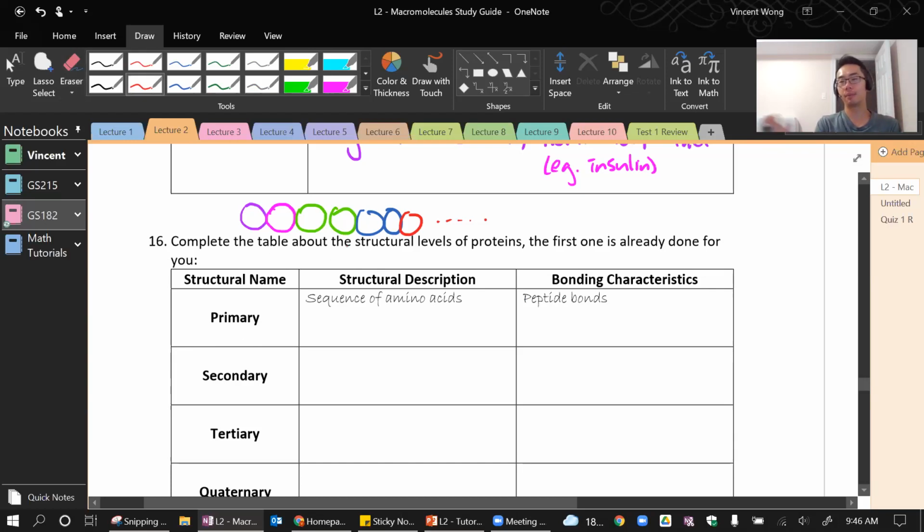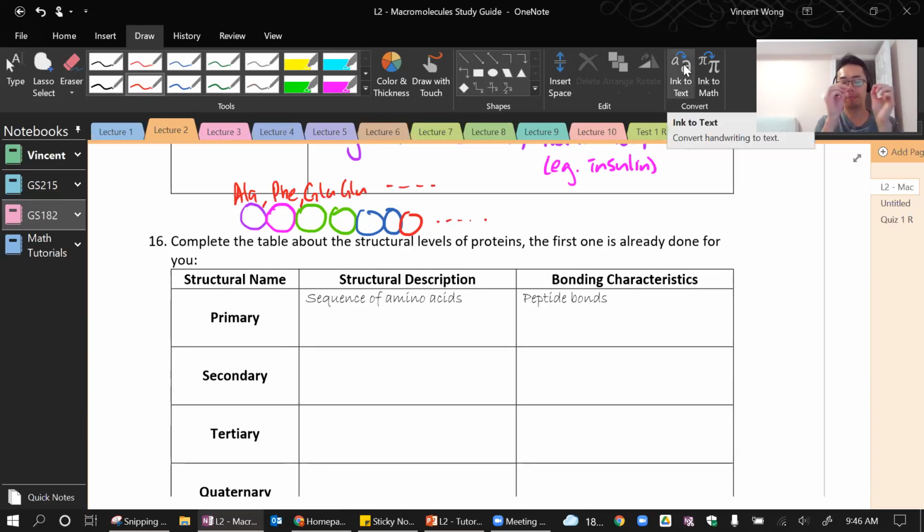Obviously amino acids don't have colors. They have names, like alanine, phenylalanine, glutamic acid, and so on. If you read the identity of each of the amino acids in order, that is called a primary sequence.